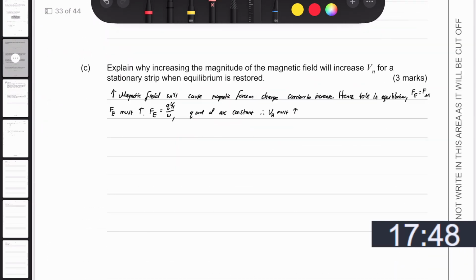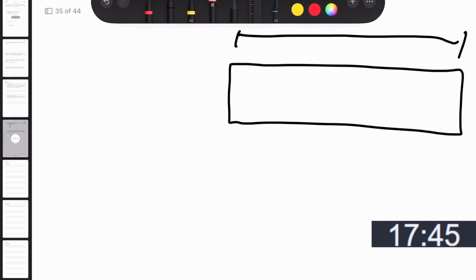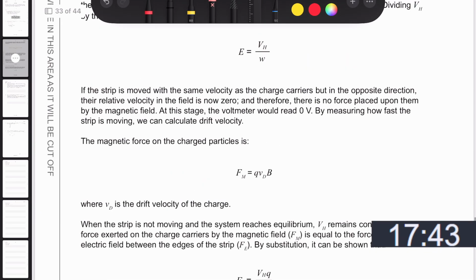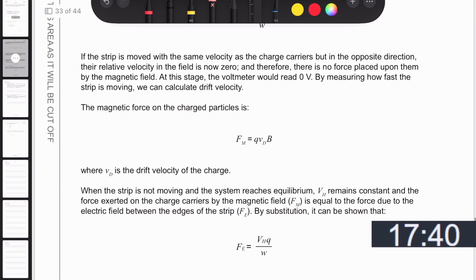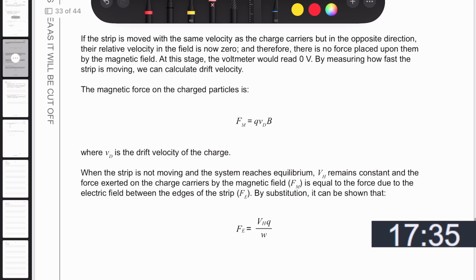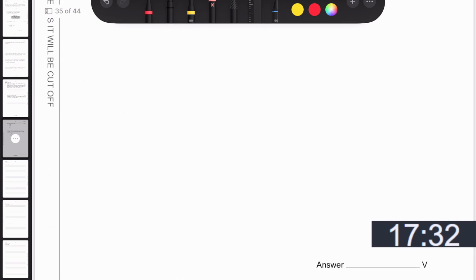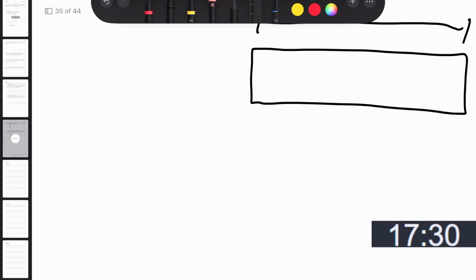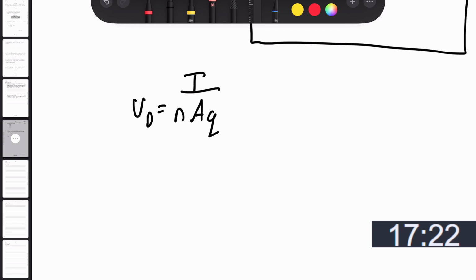So V_D equals I over N A Q. So then the magnetic force is going to be I B over NA.